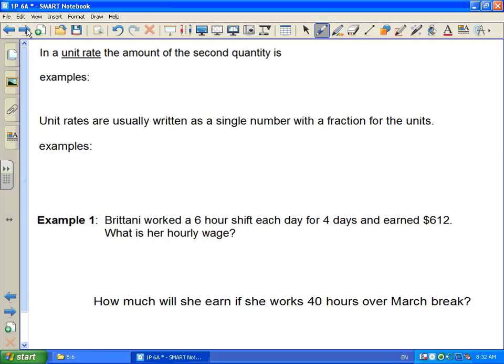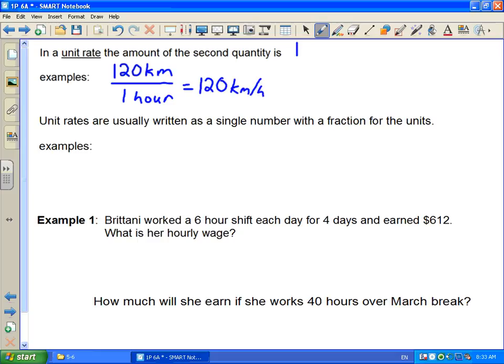In a unit rate, the amount of the second quantity is 1. So whatever that thing on the bottom is, it has to have the value of 1. So something like 100 kilometers in 1 hour. Or we usually write this as 120 kilometers per hour.